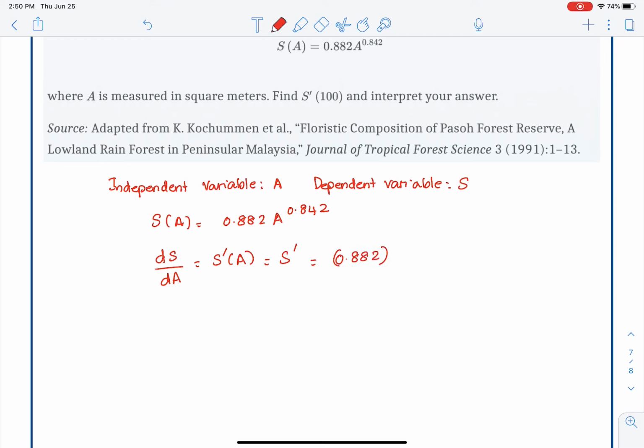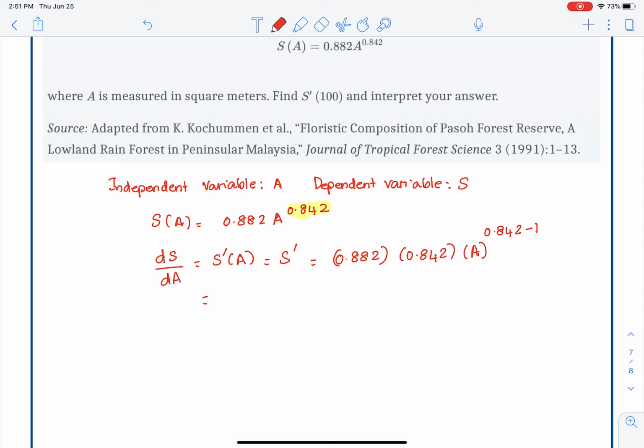The 0.882 doesn't change. The power here is 0.842. That is going to move to the front. The independent variable has a power of 0.842, and now it gets decreased by 1.